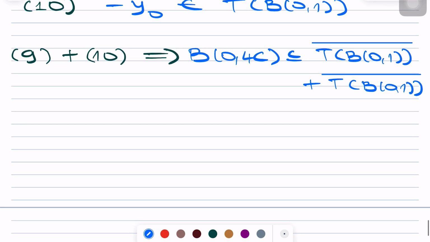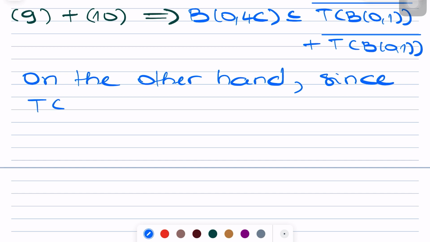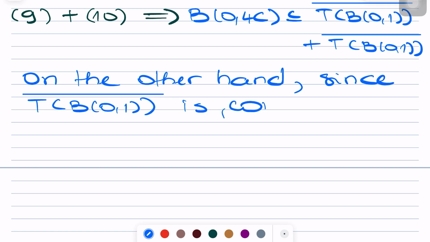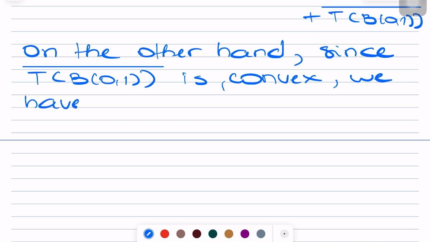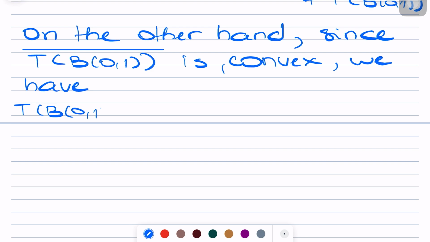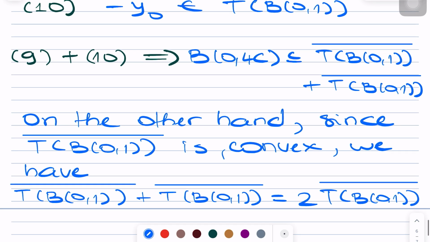On the other hand, since the closure of the image of the unit ball is convex, the summation of the two sets is equal to 2 times the closure. And it follows quite easily now.